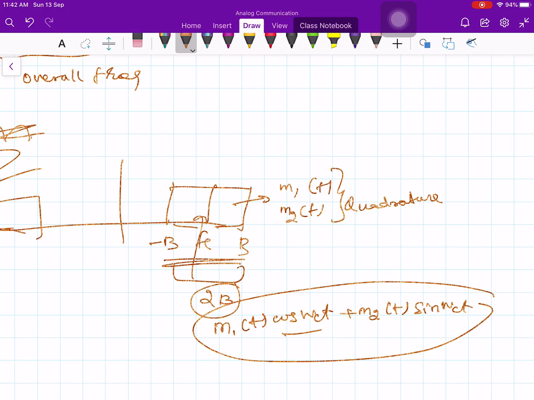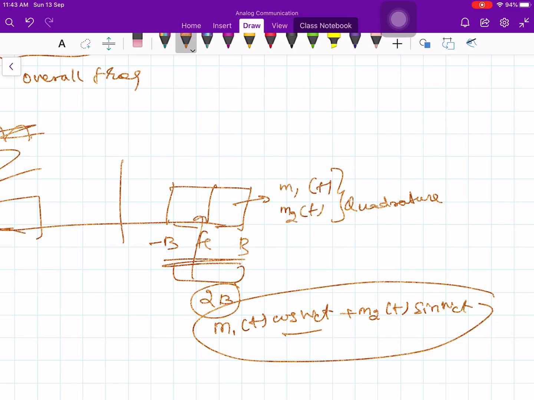So single sideband modulation is especially used whenever we want to do frequency division multiplexing. You have a large chunk of spectrum and you split the spectrum into small chunks. Each small chunk you allocate one message. This is called frequency division multiplexing.